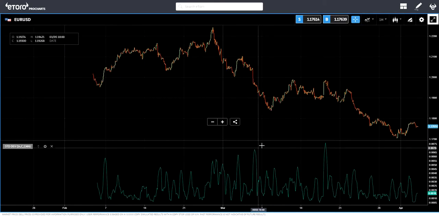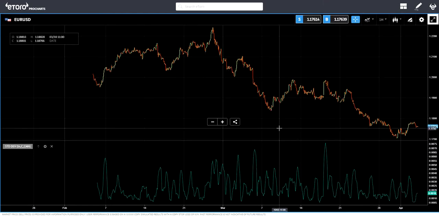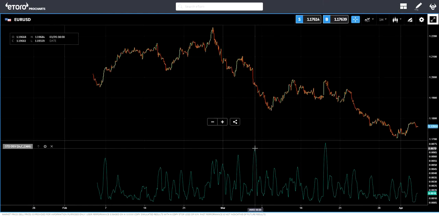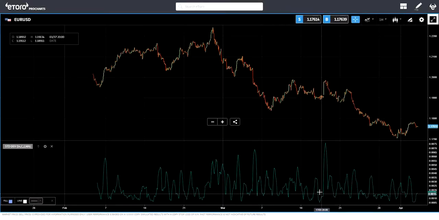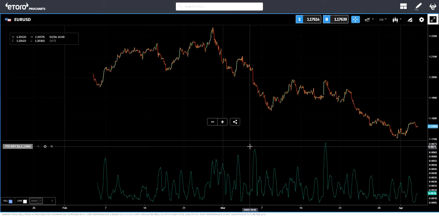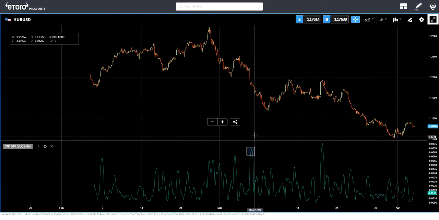As I said, this indicator shows the volatility. So when we have big price moves, the volatility is high. I'm just going to add a rectangle here so you can see what I'm talking about.